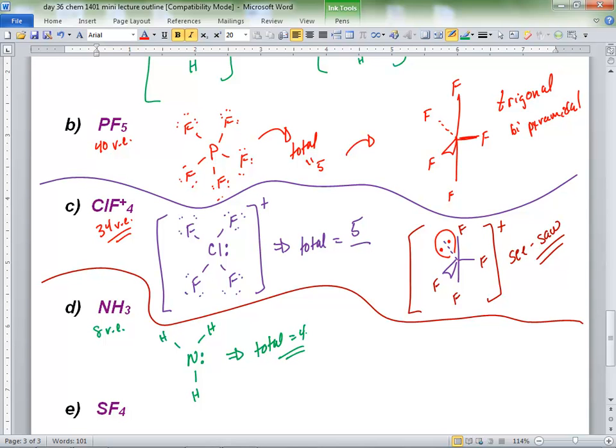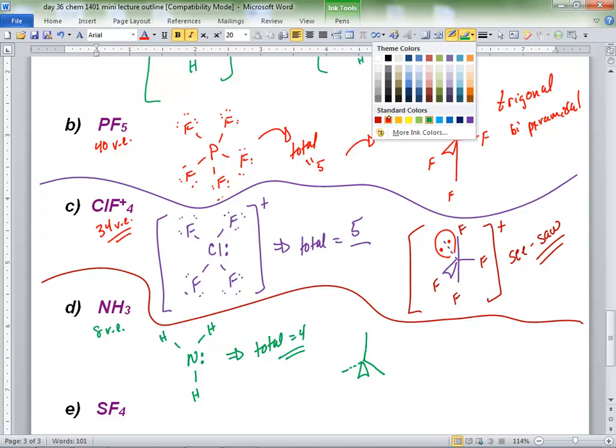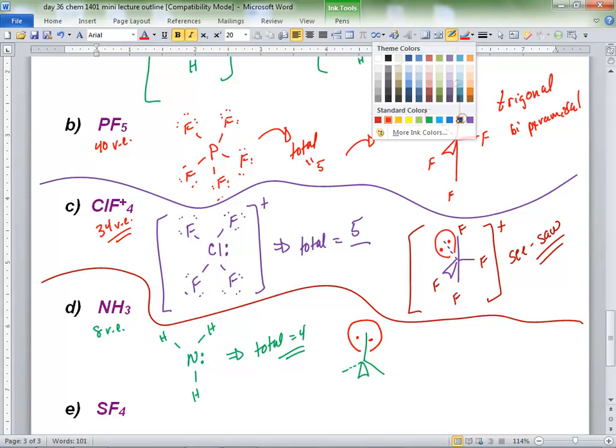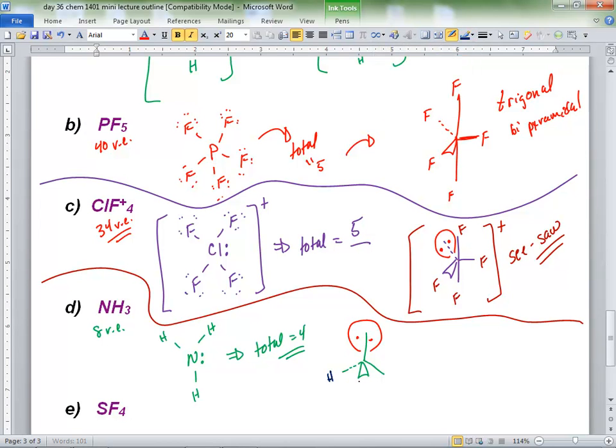The tetrahedral shape. You try to draw it so you get that triangle base. Put our lone pair on there. Add our hydrogens.